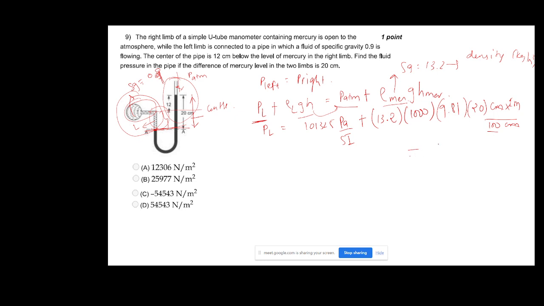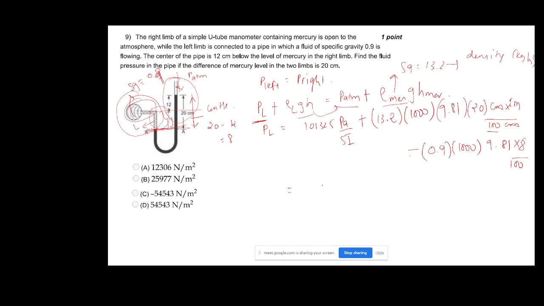The density of the liquid is given in terms of its specific gravity, so 0.9 into density of water, 1000, into 9.81, into the height of this, which is 20 minus 12, which is nothing but 8 centimeters. So 8 by 100 meters.